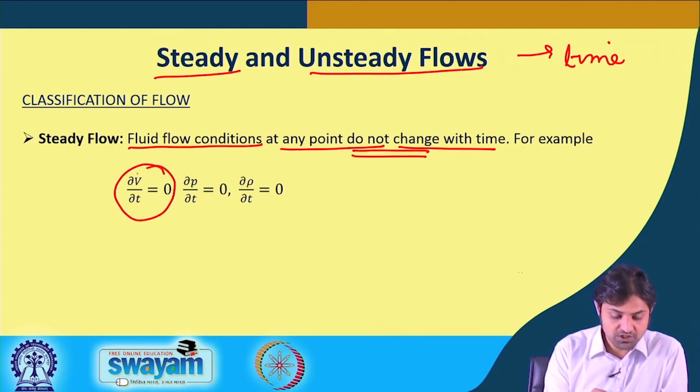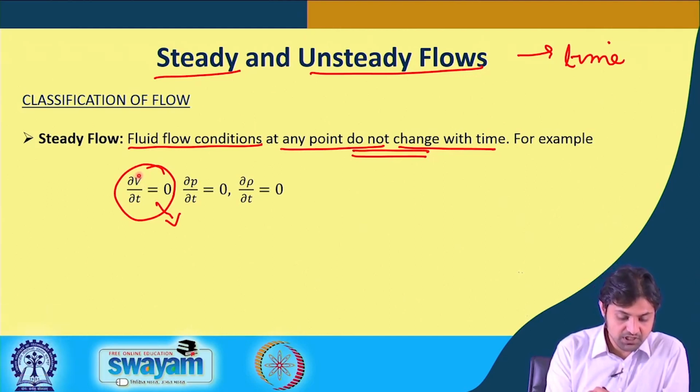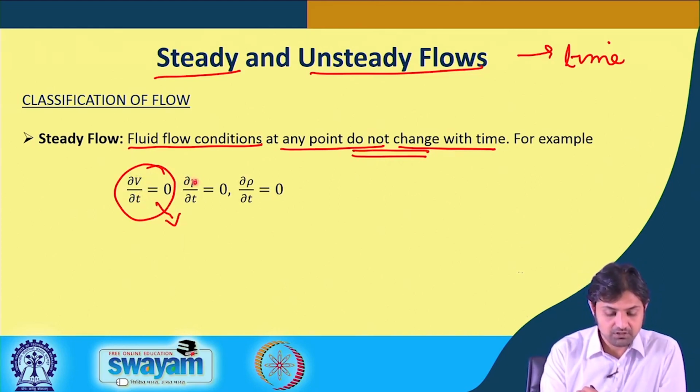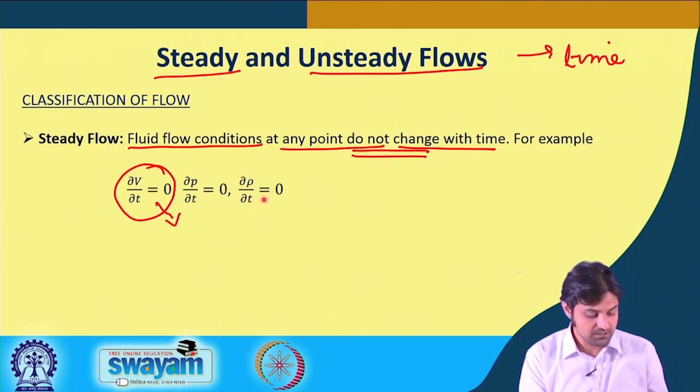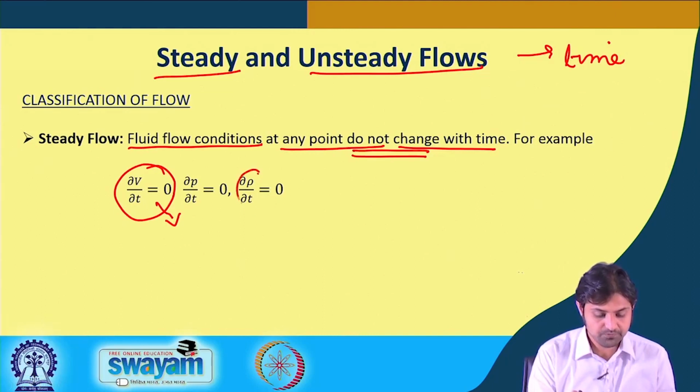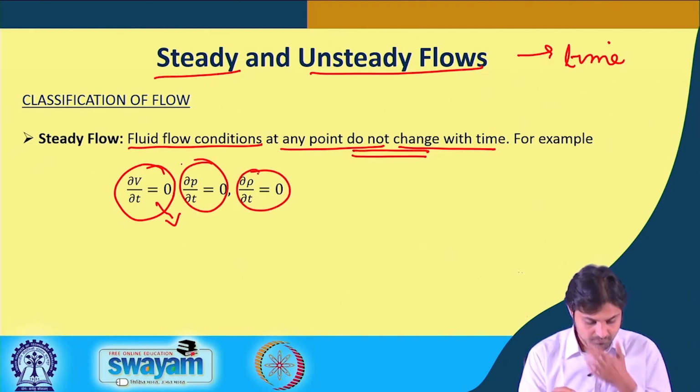There is no change in velocity: the change in velocity with respect to time is 0. The same is the case with pressure: the change in pressure with respect to time is 0. And the same holds for density: the change in density with respect to time is again 0.